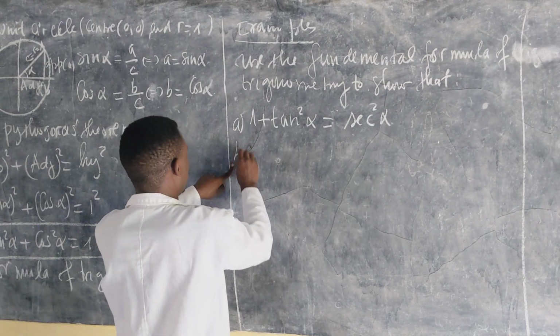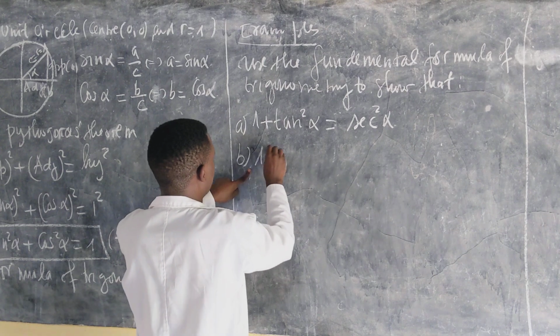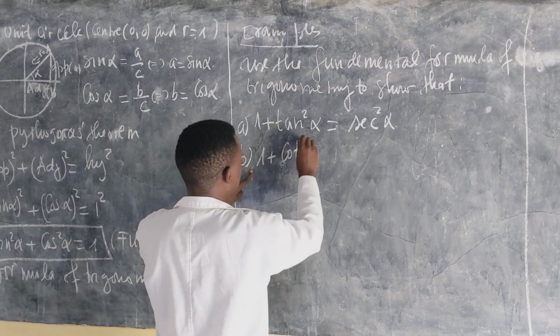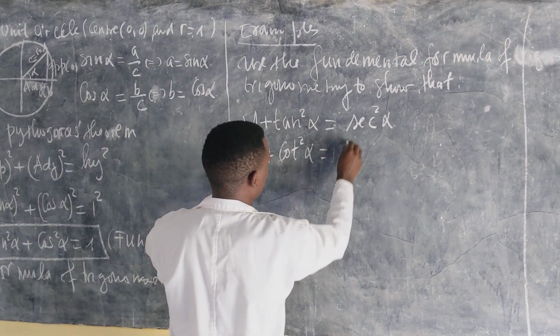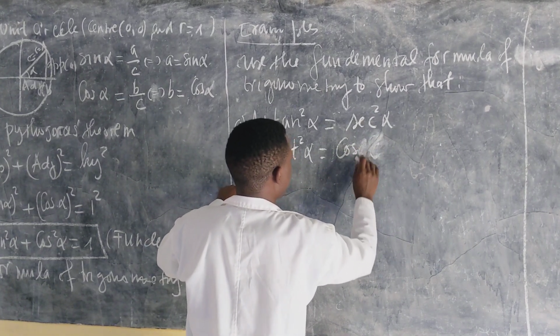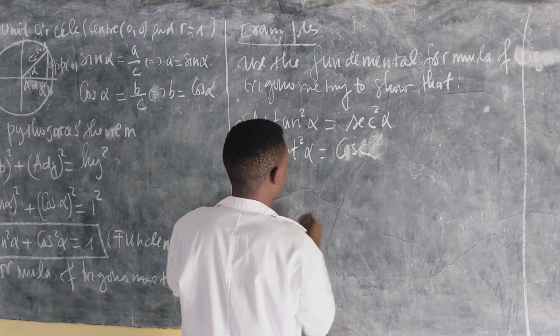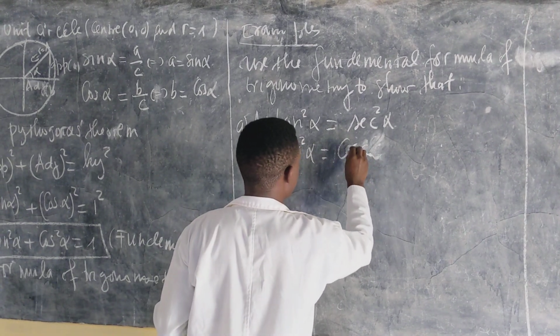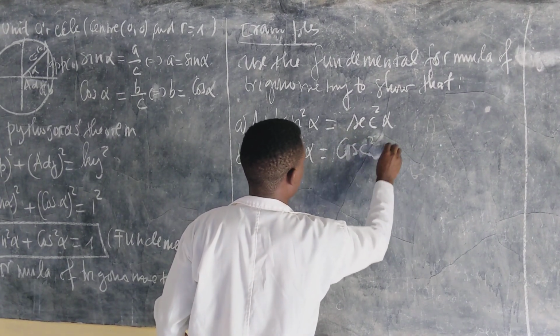The second one is 1 plus cotangent square of alpha is equal to cosec square of alpha.